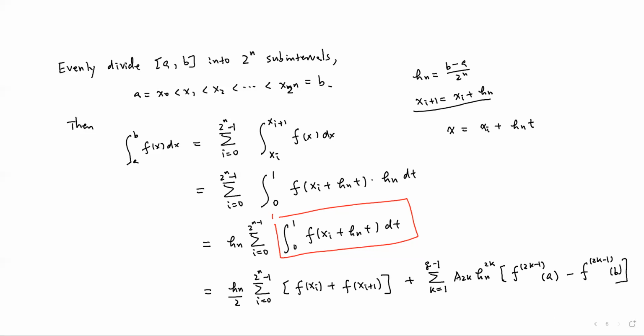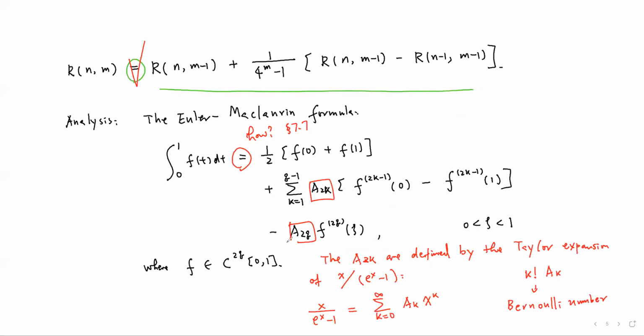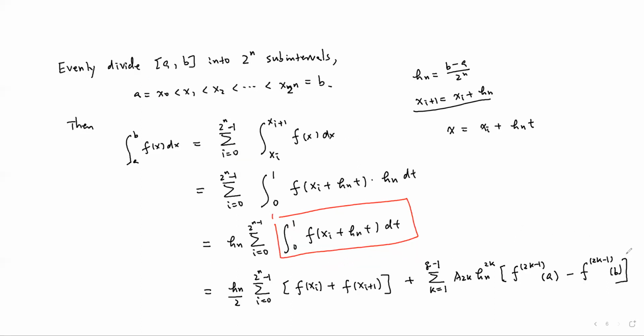Now, the third term in the Euler formula: (b minus a) times h_n^{2q} times the derivative evaluated at some psi.